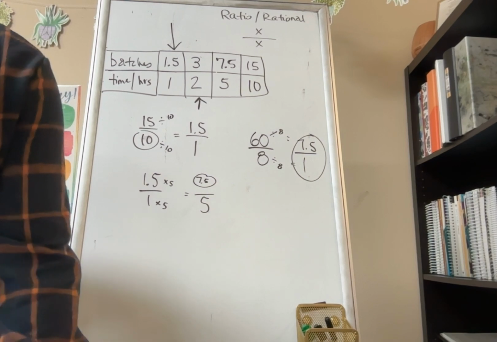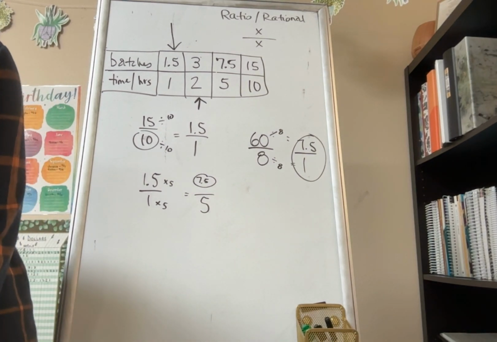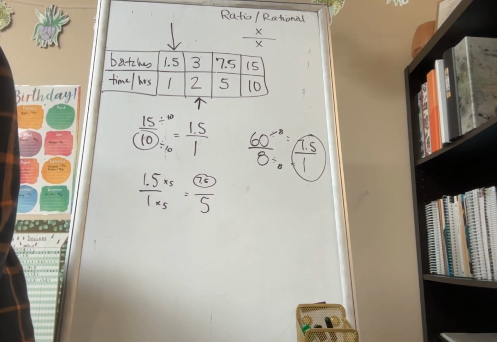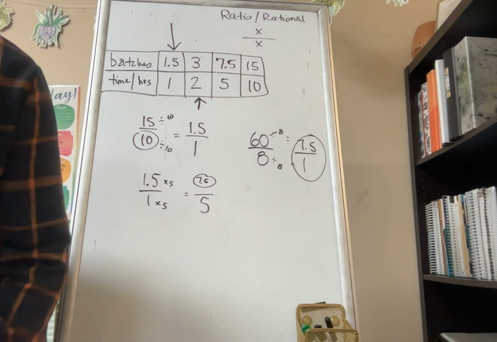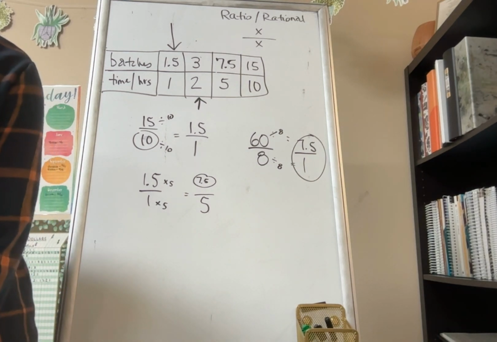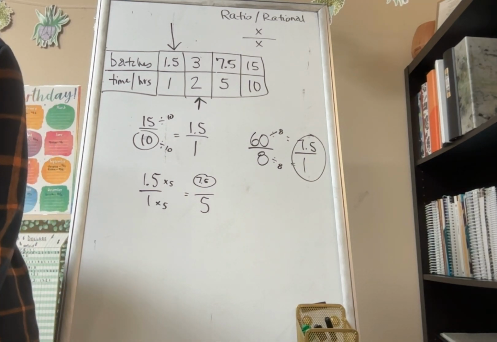And then we're going to do 27 through 33 odd. And then our cumulative review, which is problems 43 through 52.